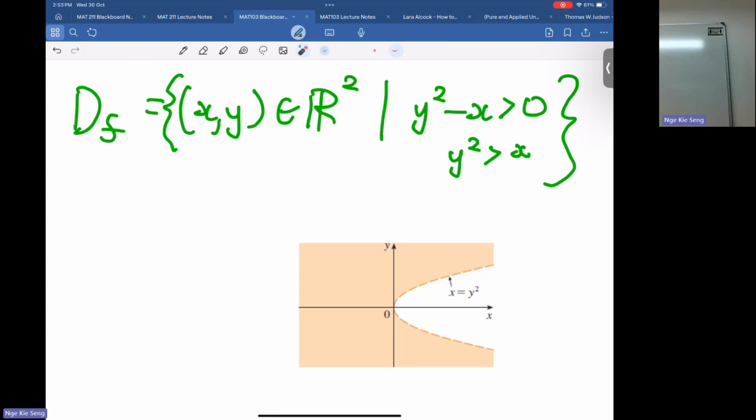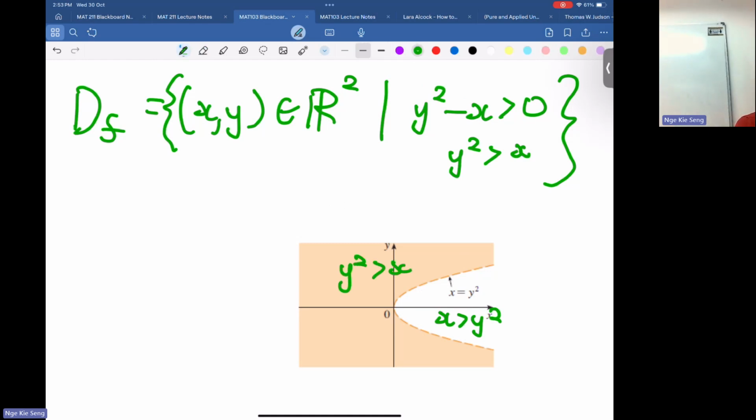x is 1, y squared is 0. So 1 greater than 0, meaning this part is x greater than y squared. Okay, so x greater than y squared. And you can also test that on the other side, you have y squared greater than x.